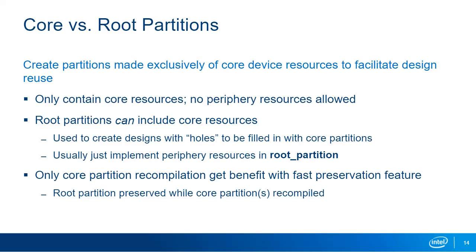While a core partition cannot include periphery resources, the root partition can include core resources. This is useful for creating a design with empty holes that will be filled in with core partitions. You can also export a root partition for use as the periphery design for another project. This is required for the fast preservation feature.